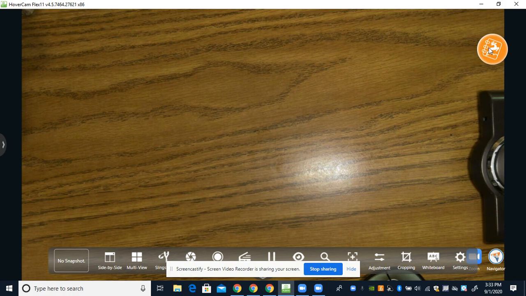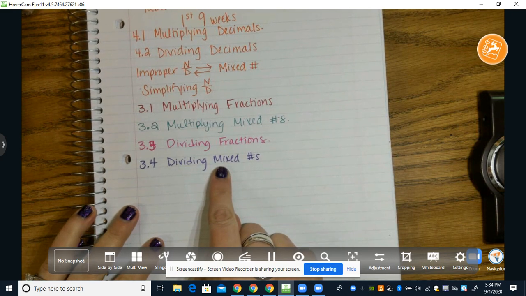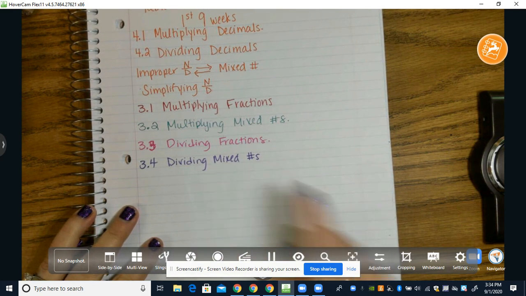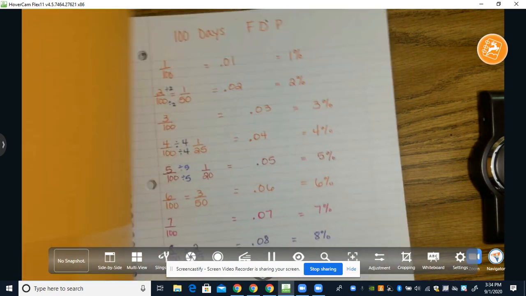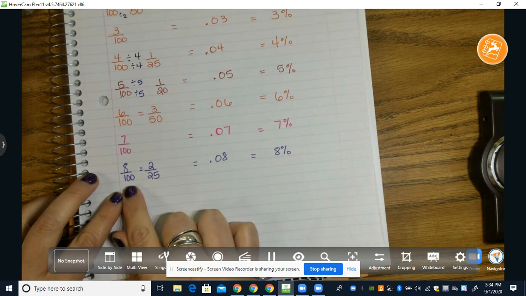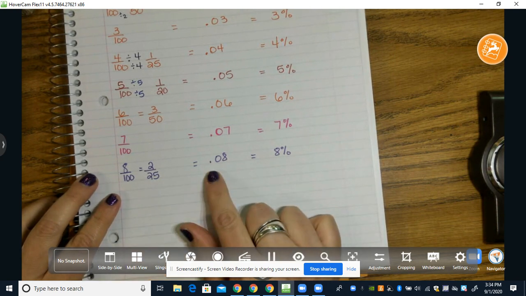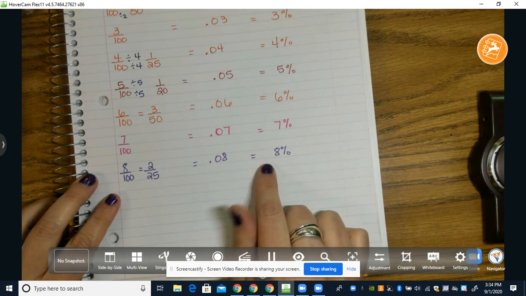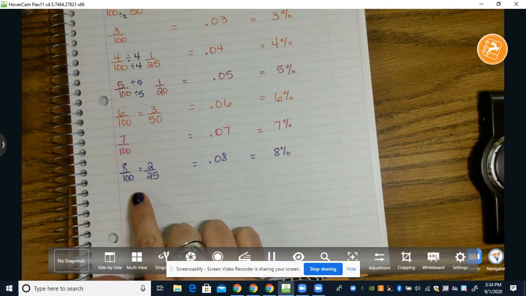In your journal, we're at 3-4, dividing mixed numbers. And the fraction of the day is 2/25, which is 8/100, which is 8%. That is your fraction of the day.